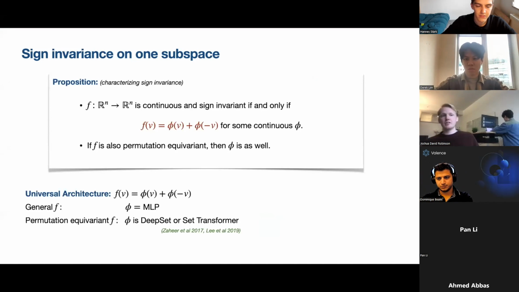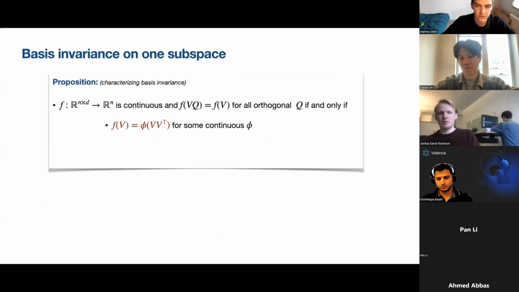Okay, so that describes everything that you need in order to define these sign invariant functions in one space. Now let's look at basis invariance on one subspace.